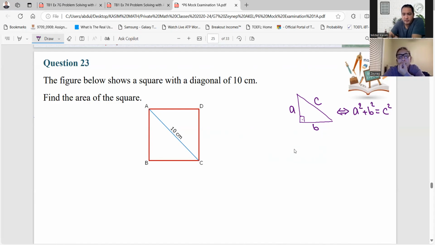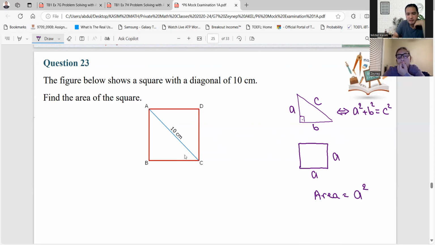Another one that you know is, if you're given any square with side length A, how do you find the area? Area is equal to A times A, which is A squared. That's really important. Now if you look at this figure, we have to find the area of this square.